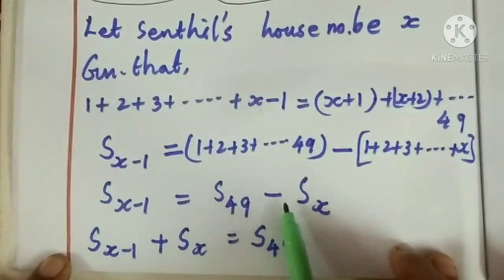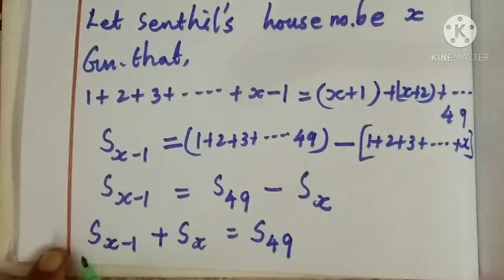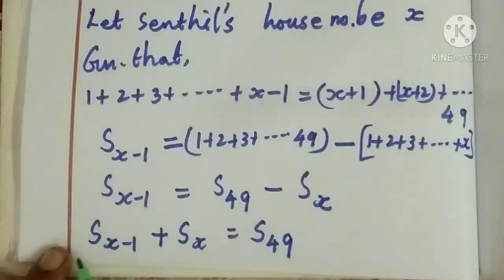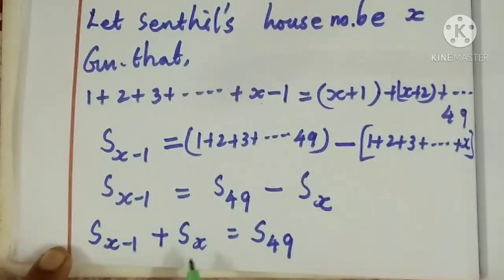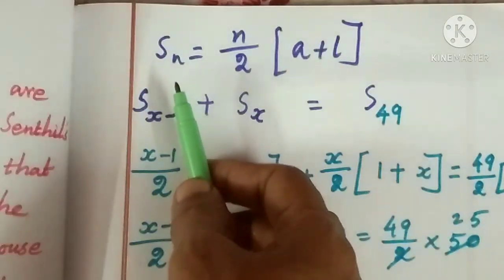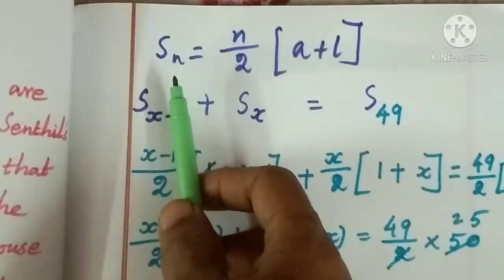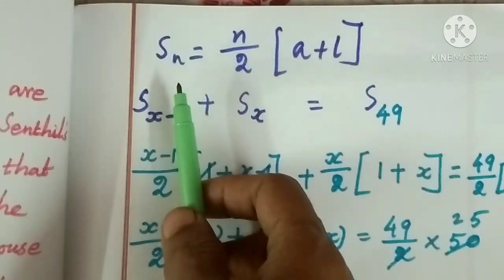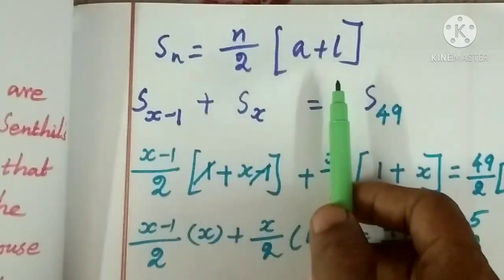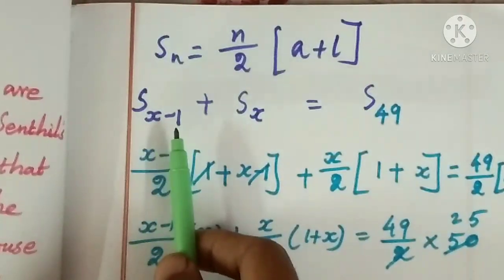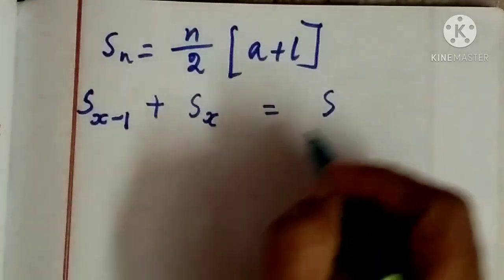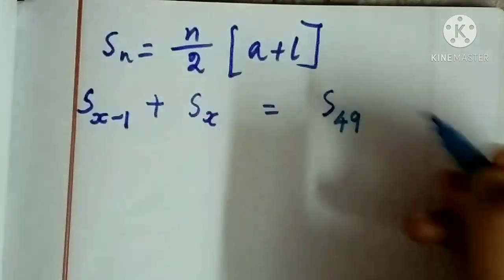So, S49 minus Sx, that is, you bring the x term before the equal sign. So, Sx minus 1 plus Sx is equal to S49. Now you have to apply the Sn formula. Here we know the first term and last term, so Sn is equal to n by 2 into a plus l. That is, Sx minus 1 plus Sx is equal to S49.